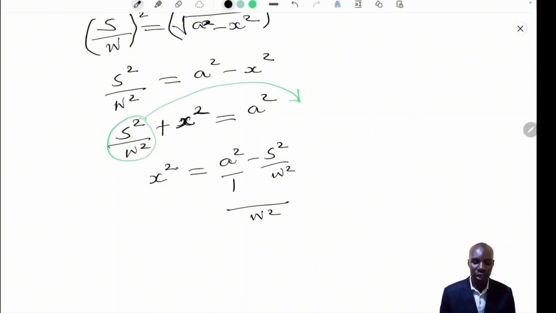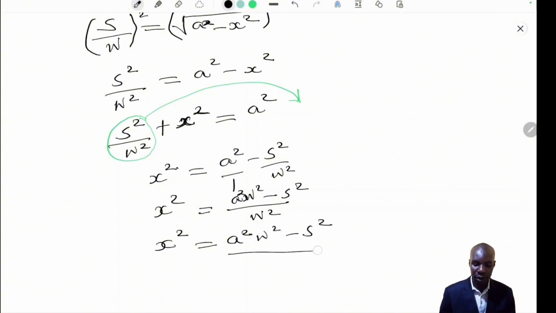w squared goes into w squared 1 times a squared, so we have a squared w squared minus, w squared goes into w squared 1 times s squared. We'll have s squared. So this is supposed to give us x squared. So in our case, x squared is given by a squared w squared minus s squared over w squared.